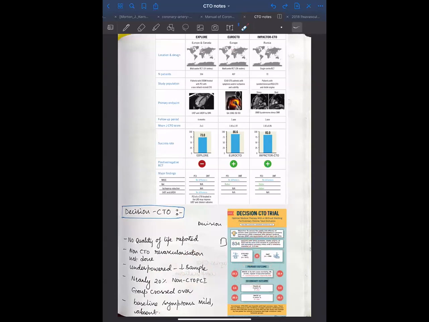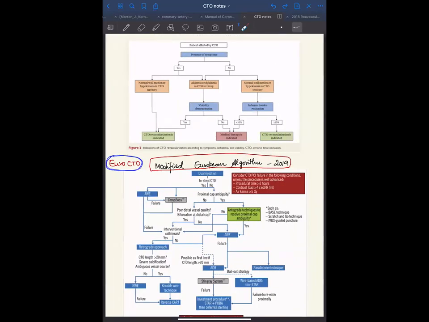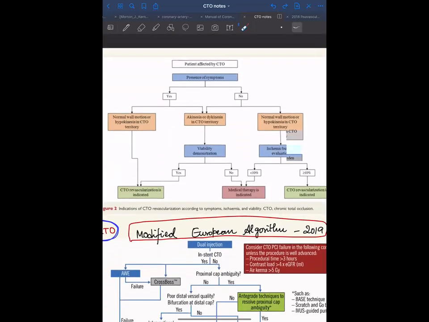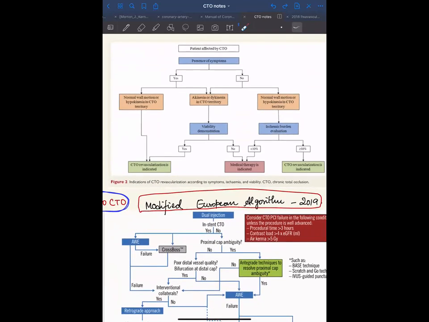So as Gaurav was asking, currently where do we stand? We stand in the fact that if patients are affected by CTO, if there are symptoms, and if we are able to demonstrate viability, and if the hypokinesia is in the CTO territory, you can go for revascularization.